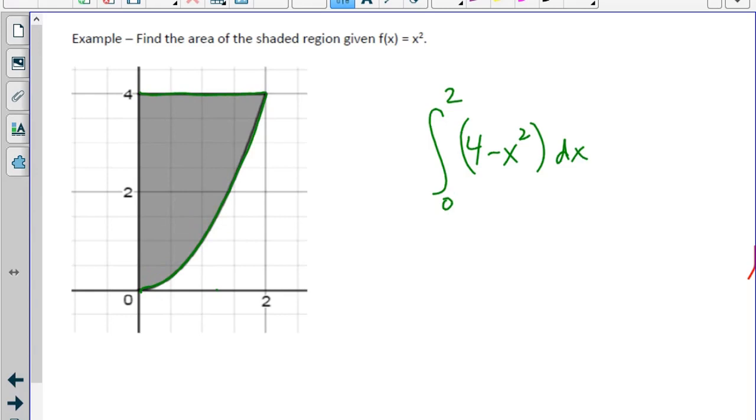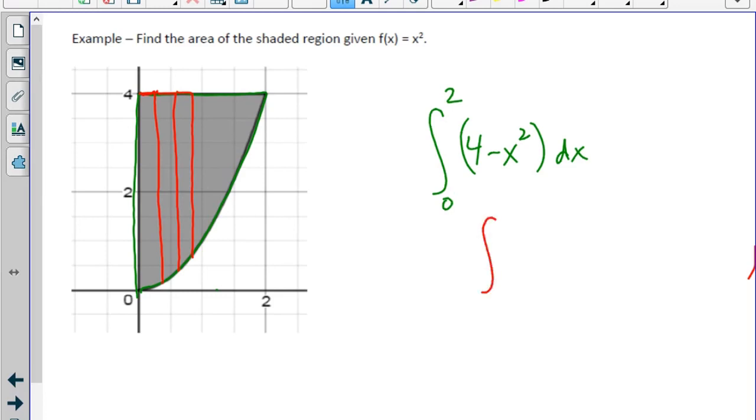I'm having all of these rectangles essentially start at 4 and go down until I get to x squared, and then I take the limit of these rectangles as the small width goes to 0. And so what I would end up getting is the actual area here.